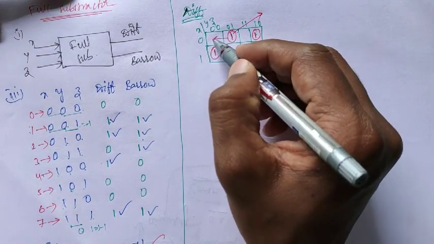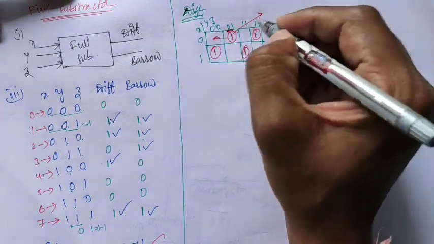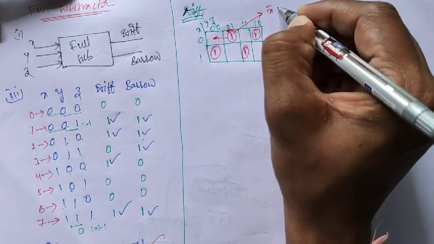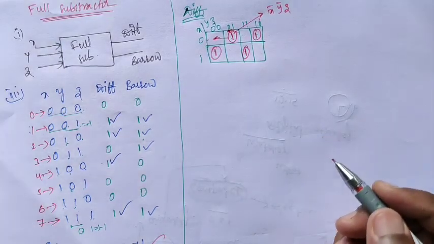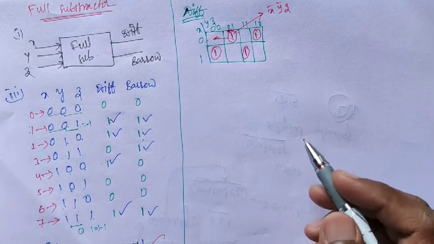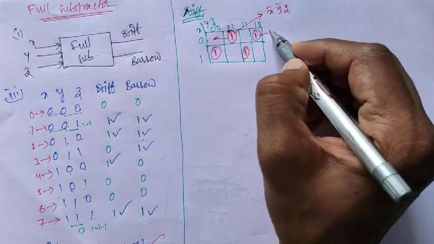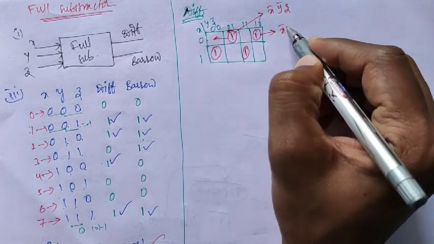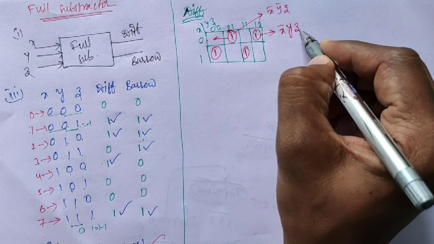Here this box indicates single row, single column: 0 indicates x bar, 0 1 indicates y bar z. Next this box indicates single row, single column: x bar, and 1 0 indicates y z bar.